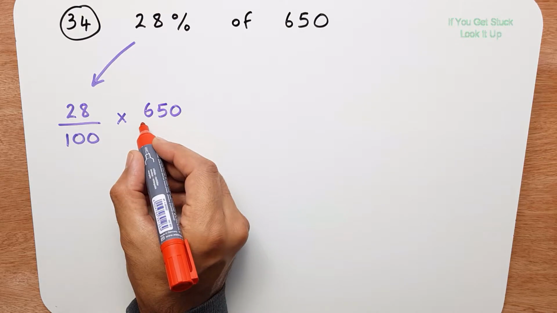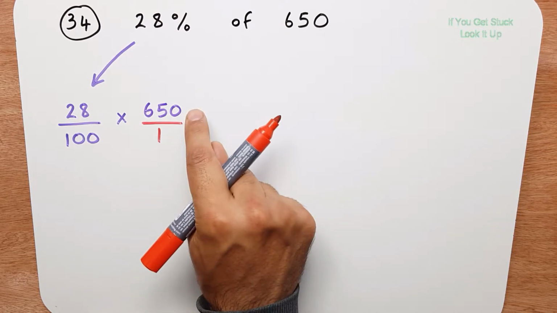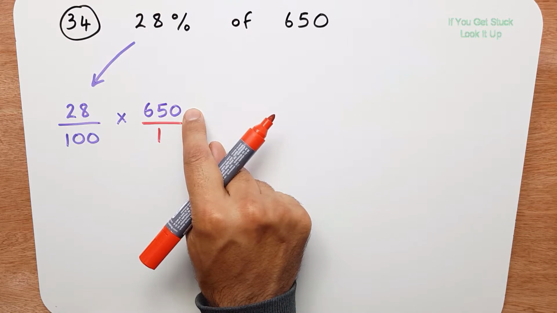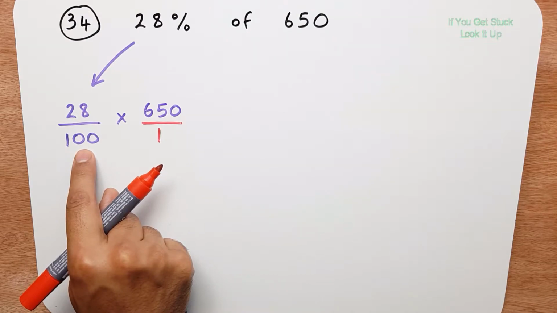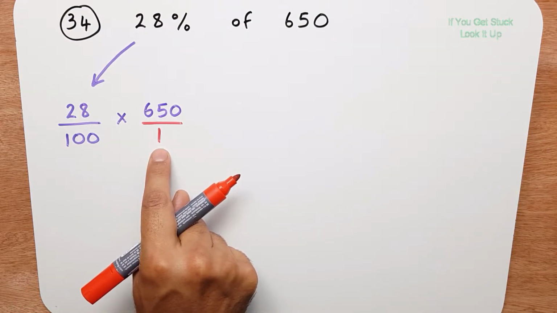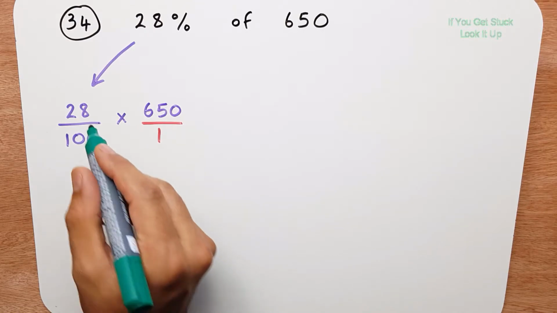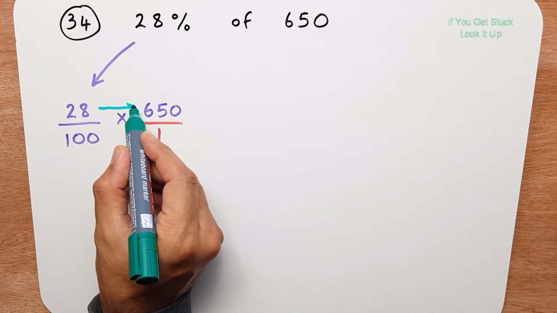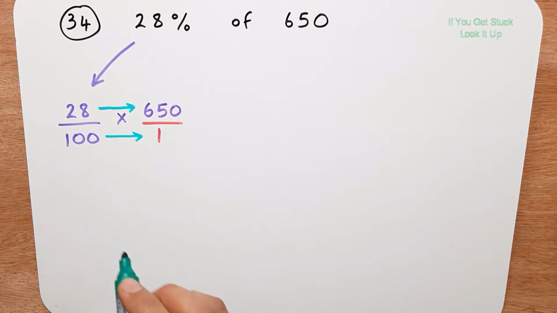We can write 650 as 650 over 1. And why do we do that? Because we can have a fraction here. So we have one fraction times another fraction. And multiplying two fractions is very easy. You simply multiply the numerators and the denominators. So I can go down this route.